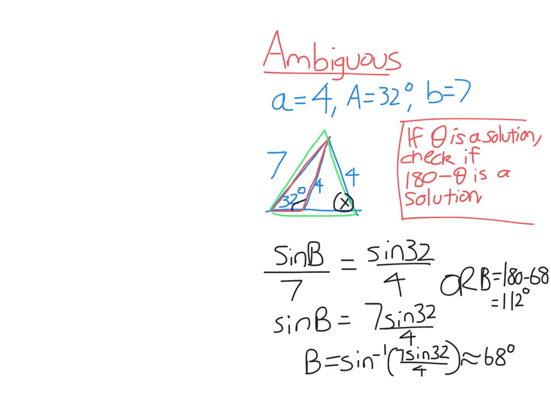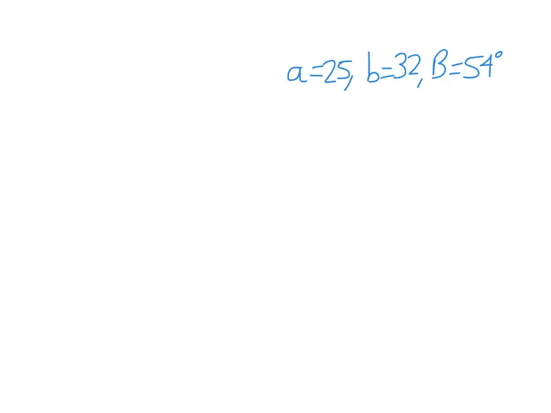I'm now going to tell you what will happen when there's only one solution. So again, please pause and copy this down if you need. So let's say I have a triangle with these specifications here. Let's now draw that. So here again, let's see if I could have an obtuse solution and an acute solution. So to find the first solution, we do exactly what we've done in the previous examples.